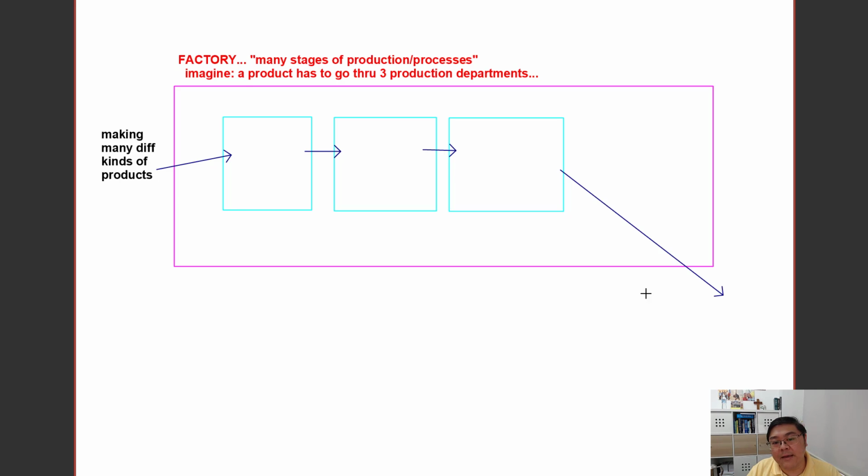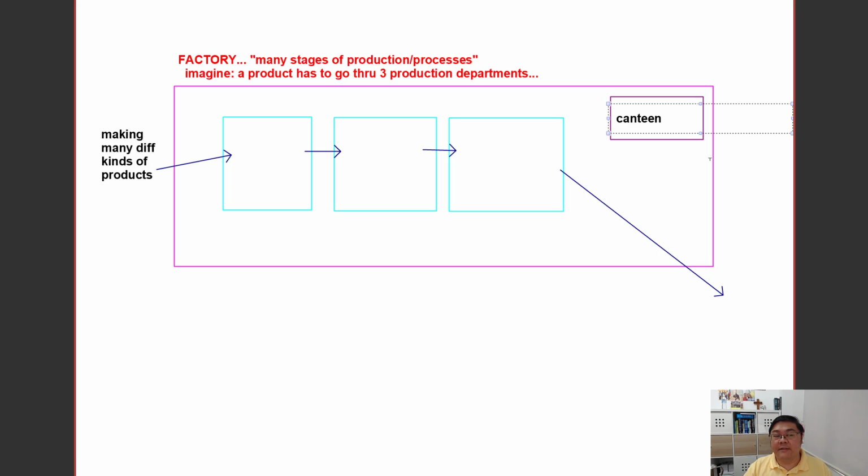Before we look into that, I thought this is a good time to explain something to you. Sometimes you could have a department that is not involved in the production, but tends to serve certain processes in the factory, or serve the people in the factory. For example, I can have a canteen.